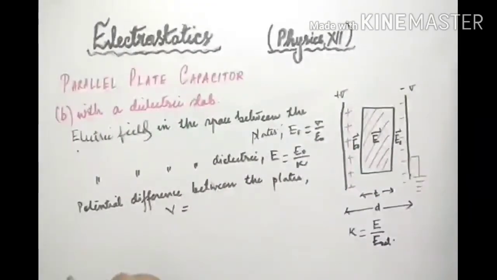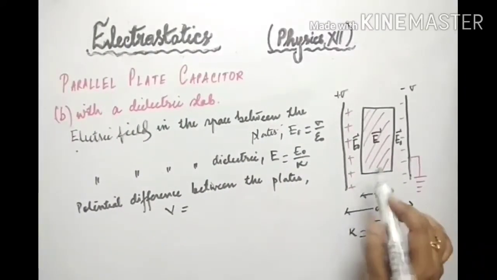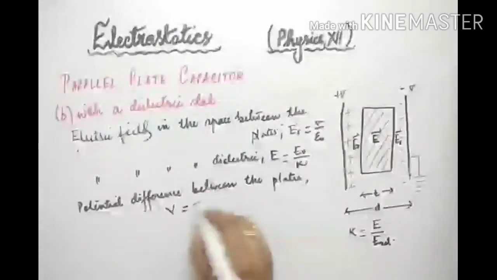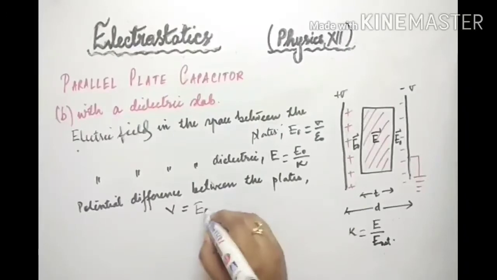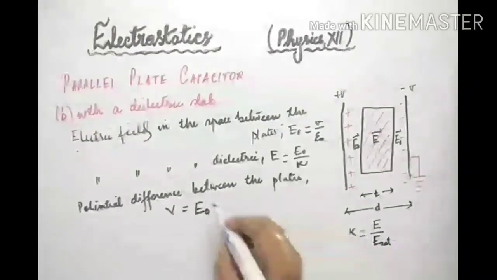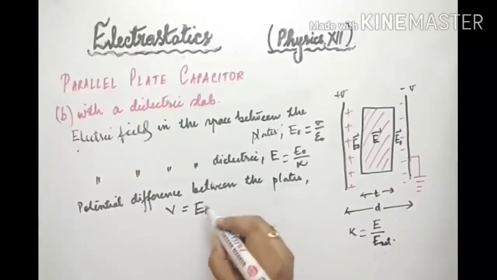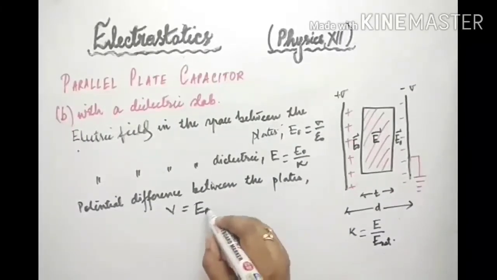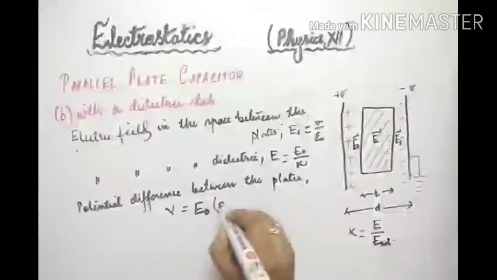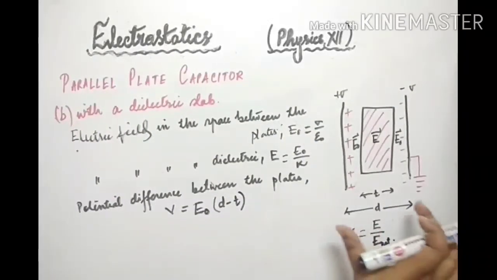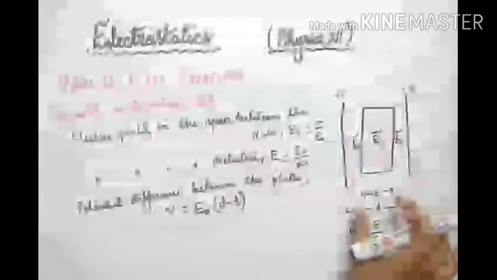First of all, we have a space where the electric field is E naught, and that space is D minus T, where D is the total length and T is the thickness.